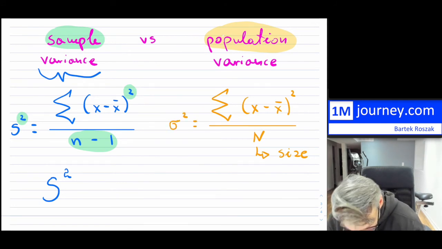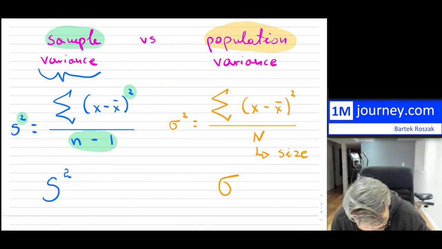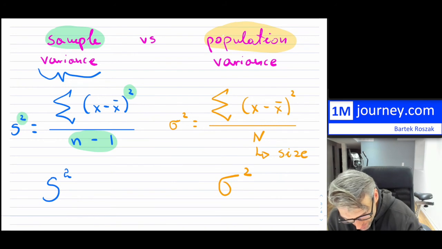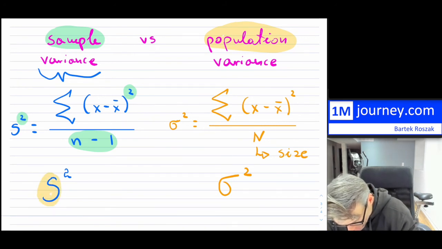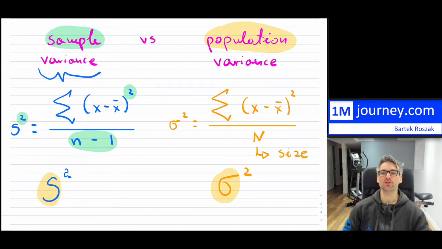So this is my sigma squared. They both mean variance, but they use a different symbol: the S is used for sample variance, and the sigma is used for population variance.